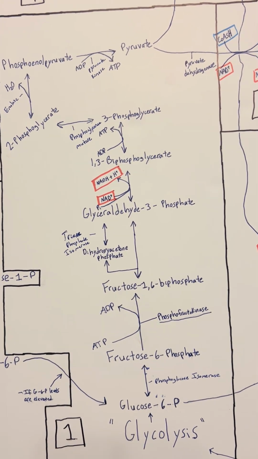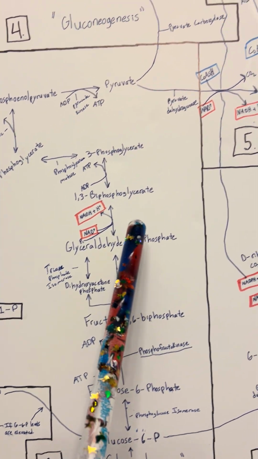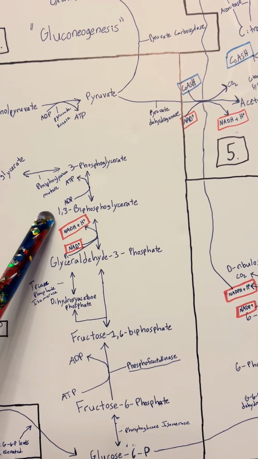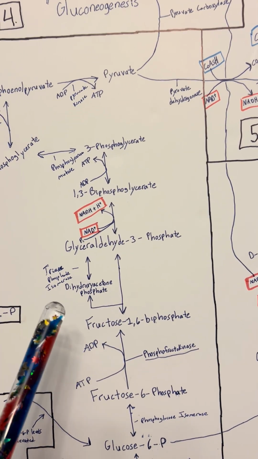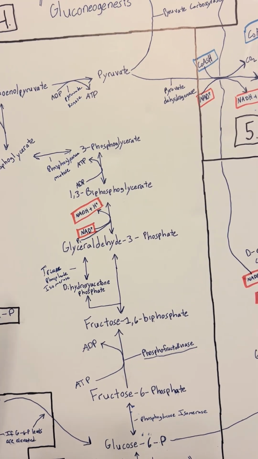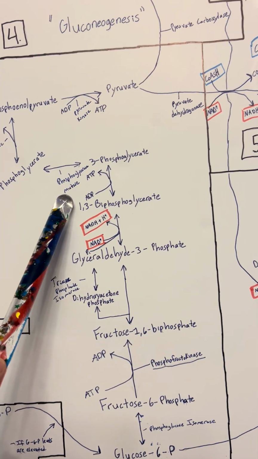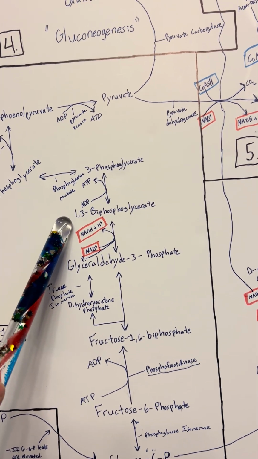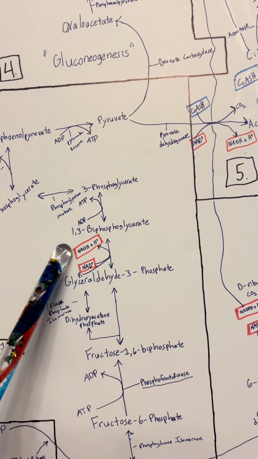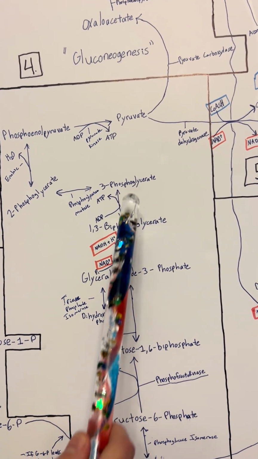Glyceraldehyde 3-phosphate dehydrogenase adds inorganic phosphate and forms 1,3-bisphosphoglycerate while reducing NAD plus to NADH right there. Phosphoglycerate kinase transfers a phosphate from 1,3-bisphosphoglycerate to ADP, producing ATP and forming 3-phosphoglycerate, which will be right here.